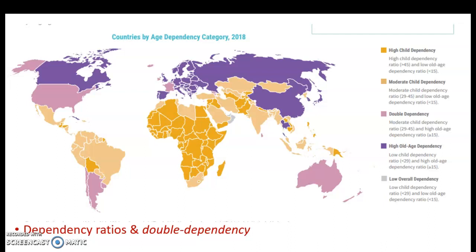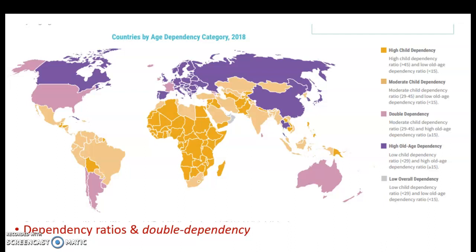So we're looking at the percentage of our population that is not of working age versus the percentage of the population that is working age. And you'll recall that that demographic dividend occurs when the vast majority of our population is of working age.